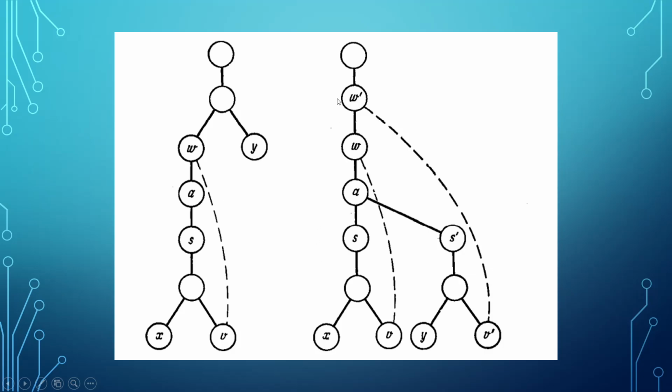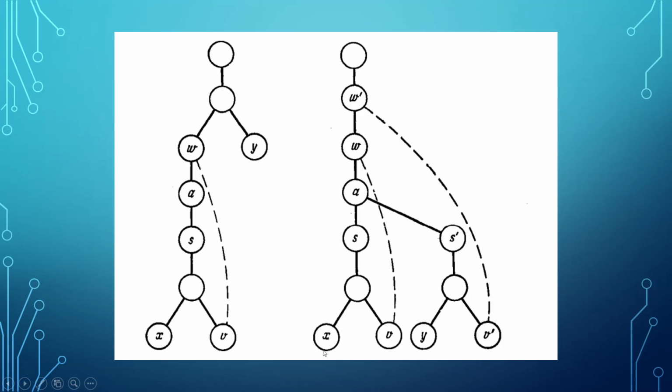Let's move on. The second picture is the second case, when X and Y are both descendants of A. Here we have vertex S prime, vertex V prime, and vertex W prime. Of course, we have a back edge, V prime W prime. What can we do there?